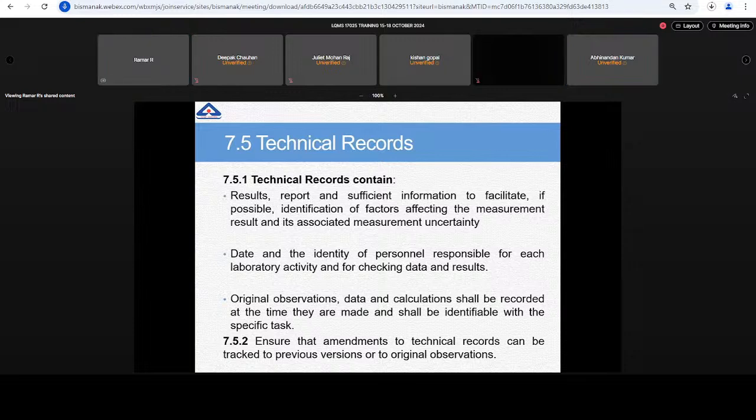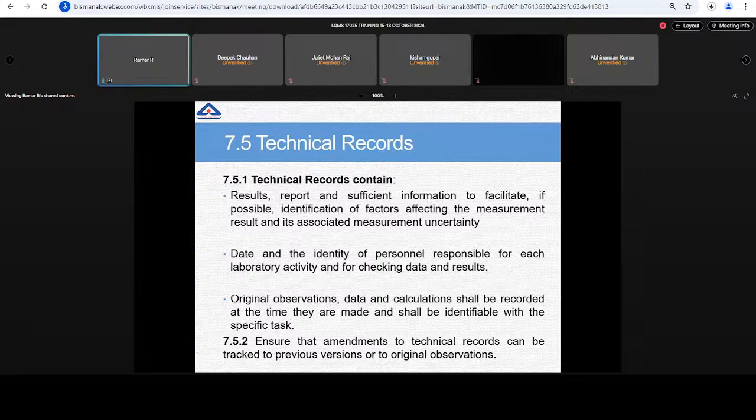So we have to maintain the records of handling of the test item, whatever testing we are carrying out, and all the observations. We may take some volume or weight of sample, the sample size, how much we have taken.